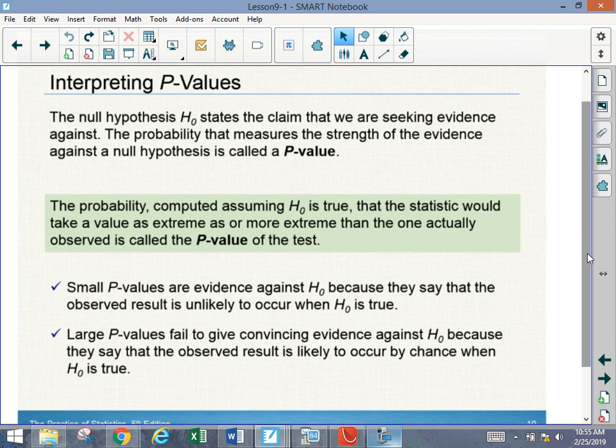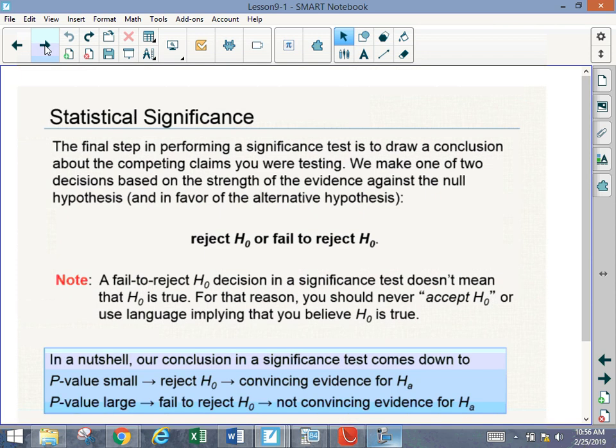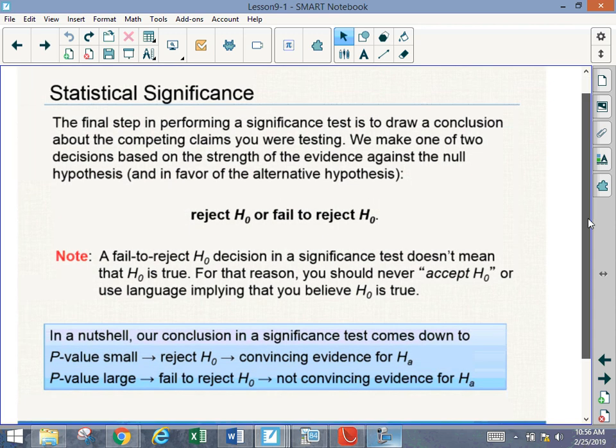If our p-value is very large, then we will fail to reject the null hypothesis. And that's what I just said, right? I'm getting way ahead of these slides.